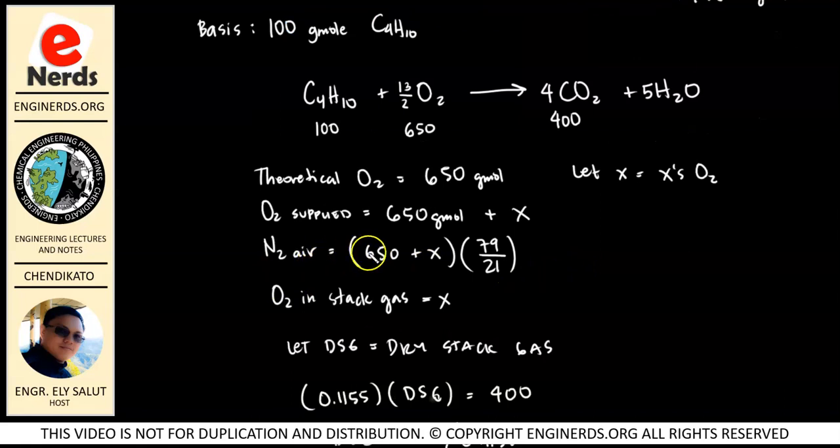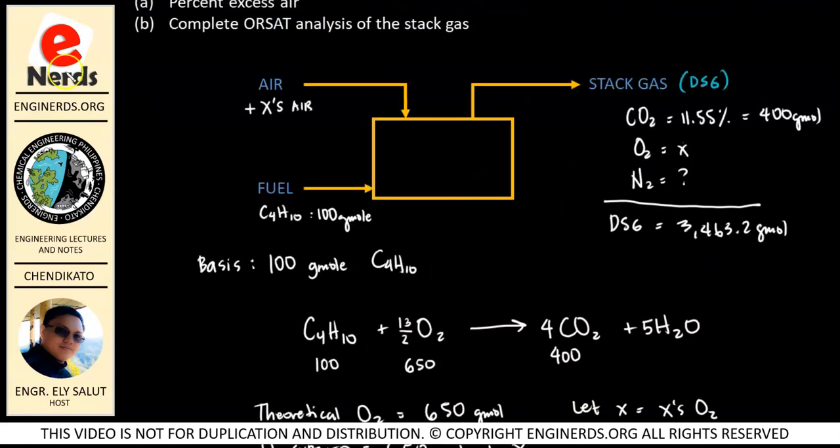Our N2 is 650 plus X times 79 over 21. So, let me change this, para maipakita ko sa inyo how did we arrive to that equation. So, we have 650 plus X times 79 over 21.